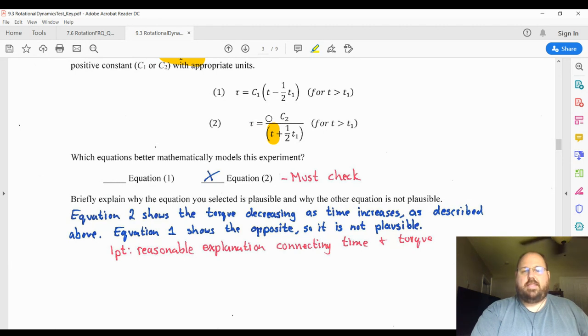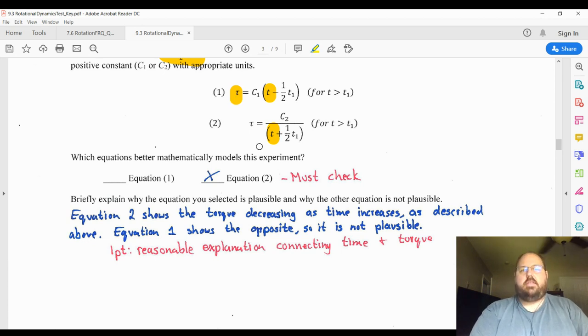And so that shows as t gets bigger, tau gets smaller. The top equation, as t gets bigger, tau will get bigger. And so that's saying as time goes on, and the student drips more oil into the contact between the two surfaces, that the torque is getting larger. So that doesn't accurately model what's happening. The torque is actually getting smaller as he drips oil into that.